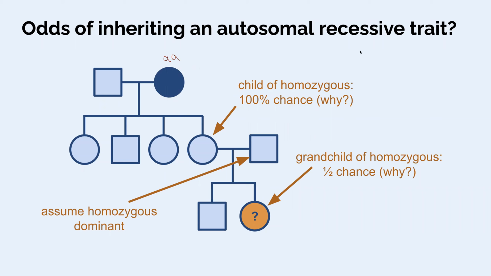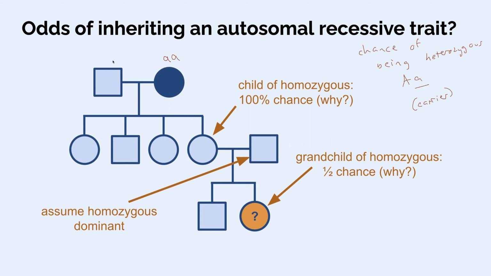We want to ask the question of whether they are a carrier, being heterozygous. So big A, little a would be a person who is a carrier.